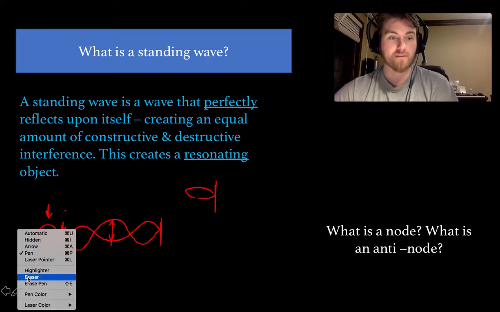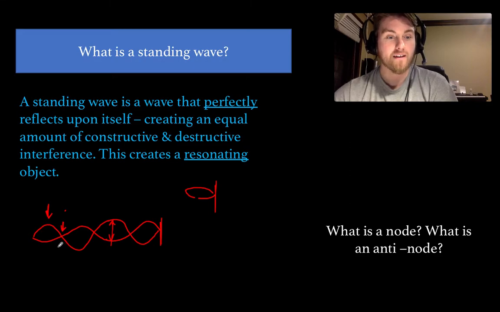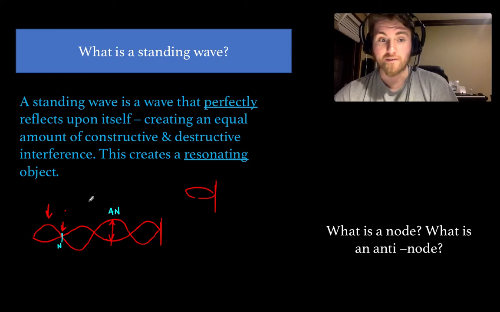So if I get my pen and change my color, let's do a nice cyan, this right here is a node, wherever there is perfect destructive interference. And perfect constructive interference is an antinode. So these are the two parts of a standing wave that you need to know.